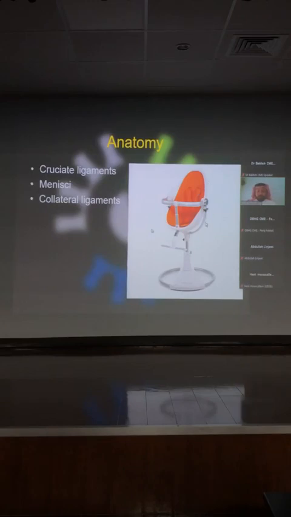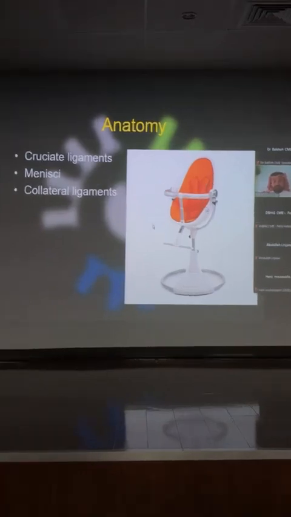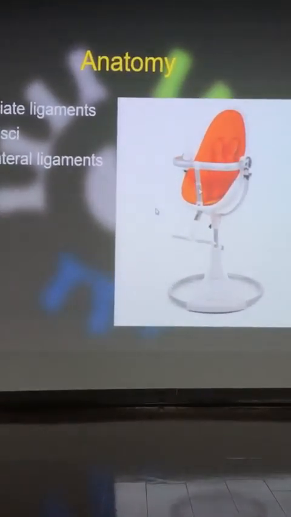And the collateral ligaments are the straps that you put on the sides so the baby does not fall off the sides of the chair. And the menisci are the padding that you put underneath the baby, so the baby would be comfortable sitting on that high chair. This is the simplest anatomy analogy that I could think of.